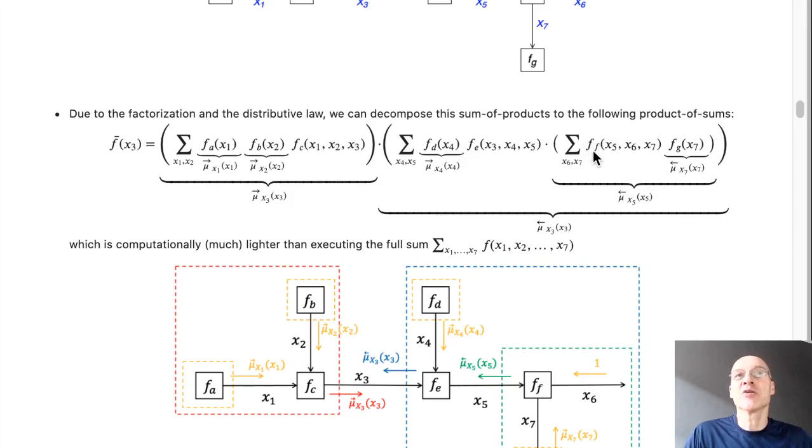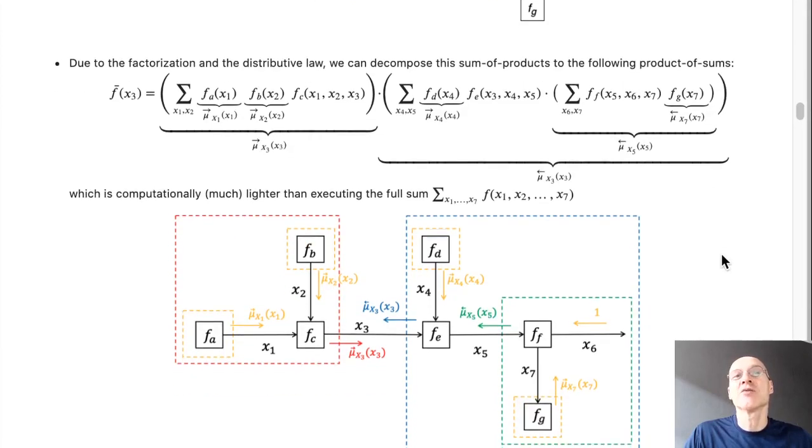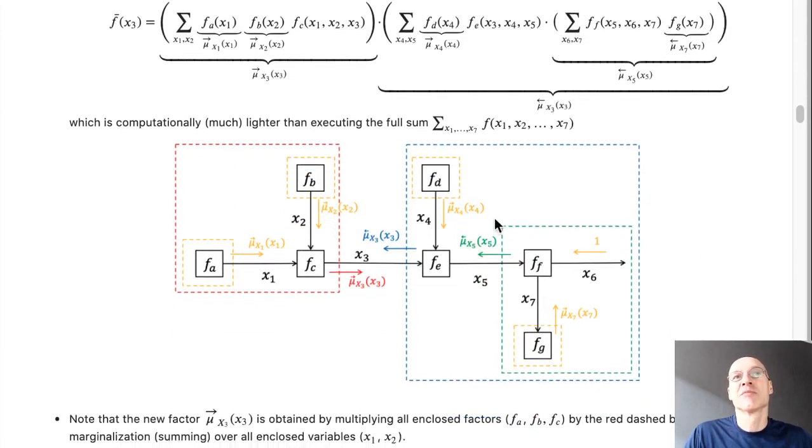Basically, I have multiplied ff with fg and I'm summing over x6 and x7. Now look at this green box. This green box encloses ff and fg, and I'm summing over x6 and x7, which are the enclosed variables.